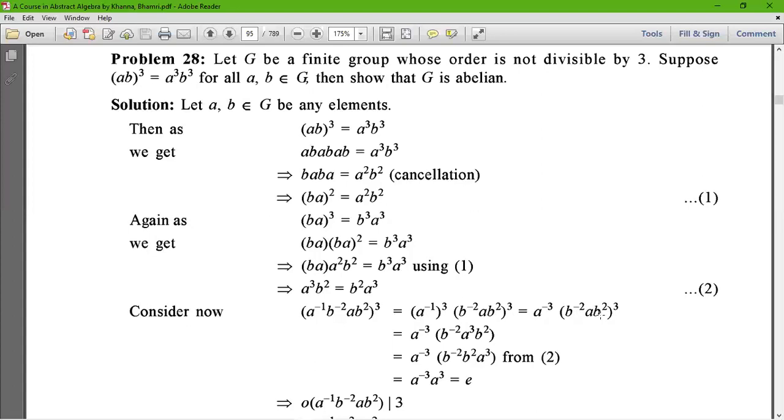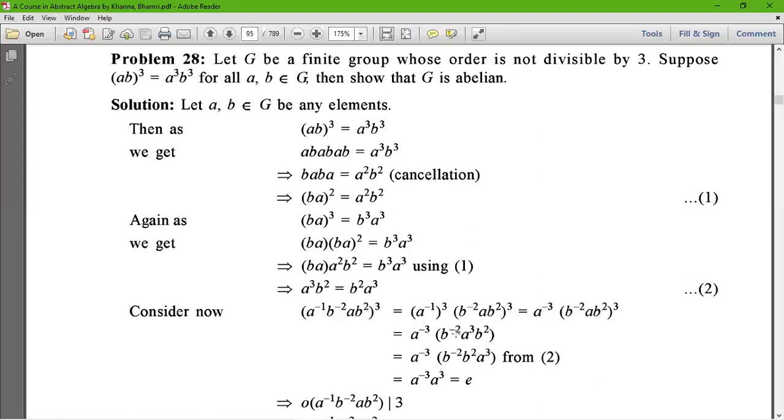That means here we can use simple algebra, which equals a^-3 b^-2 a^3 b^2, because b^2 ab^2 is nothing but a normal form of any element of a group.